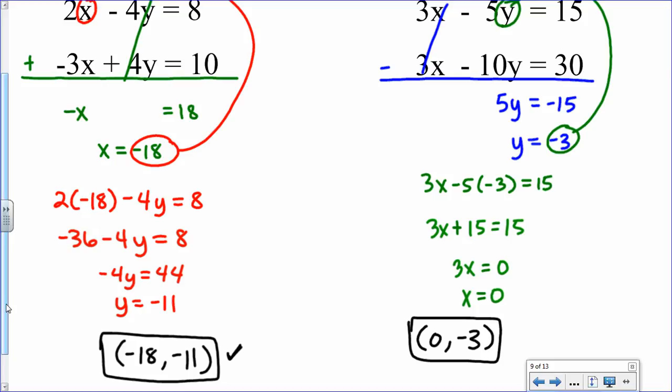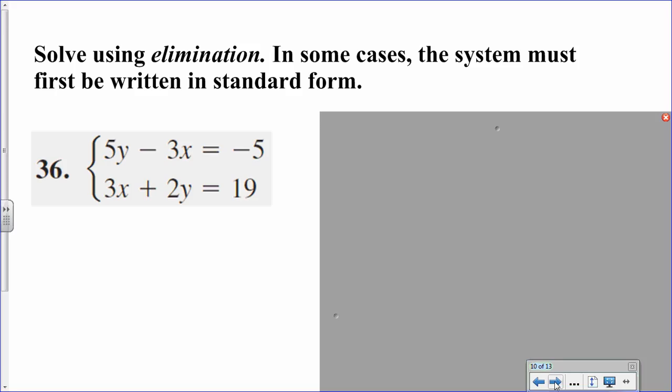All right, we're going to look at a couple more. The directions here say solve using elimination.